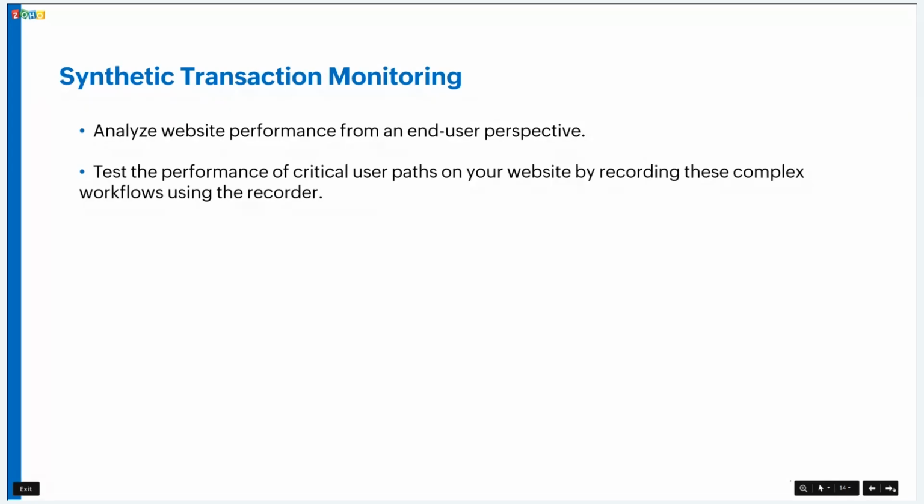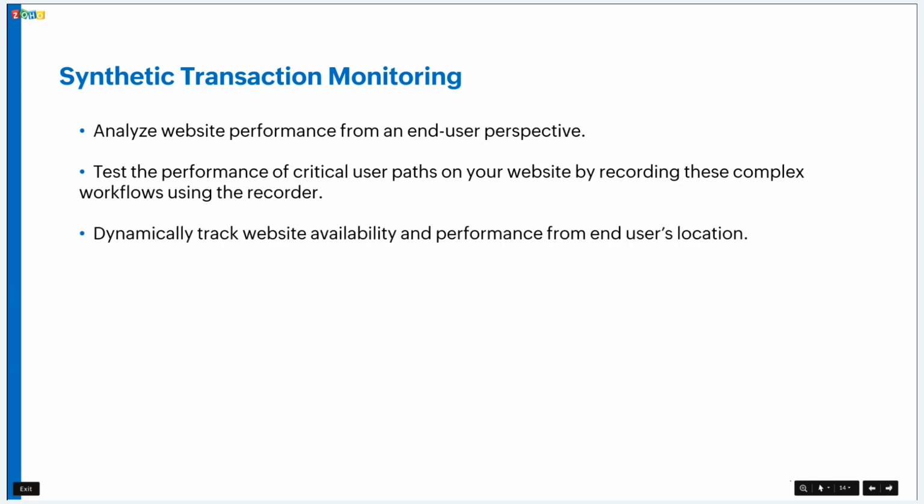Monitoring lets us record complex workflows to keep an eye on important transactions taking place on your website. So this is one of the main advantages, that we can dynamically track website availability and performance of your website from your users' location.